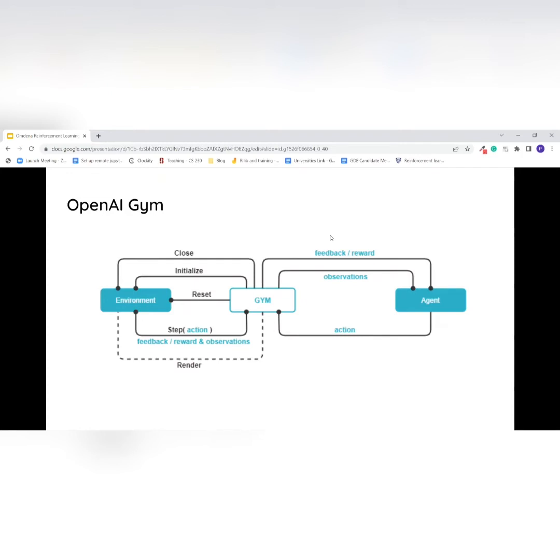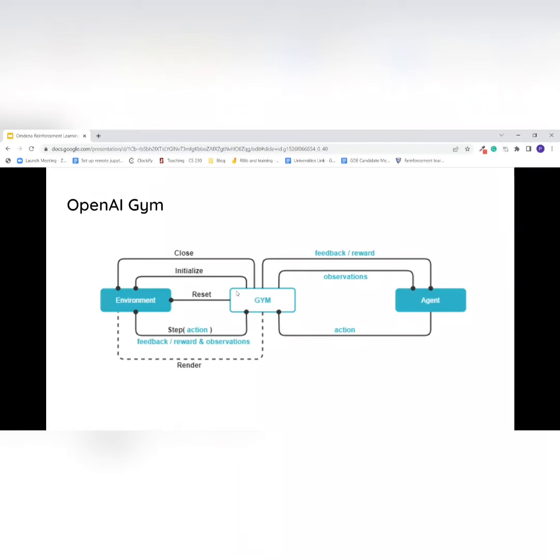These are the main functions it implements, and that are necessary when doing your own custom environments, or necessary to know when you are using an already existing environment. So we have the initialization function, the init function, which is used at the very beginning of each episode.